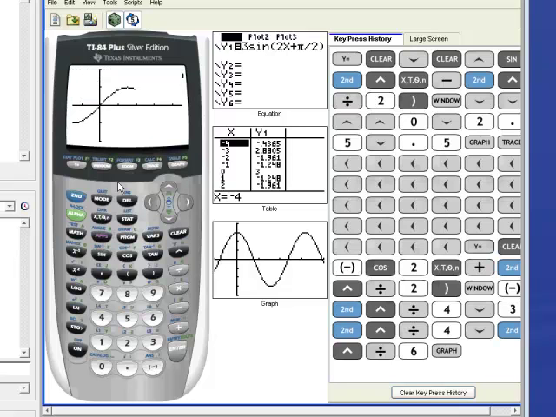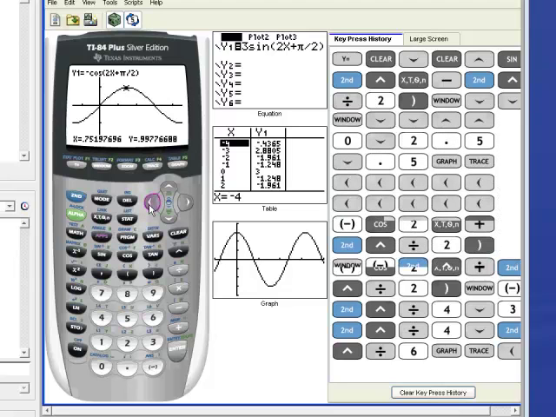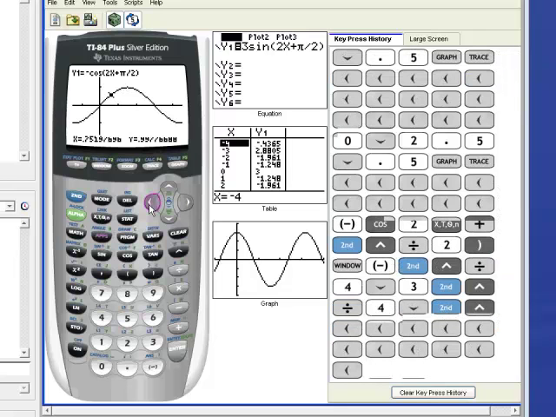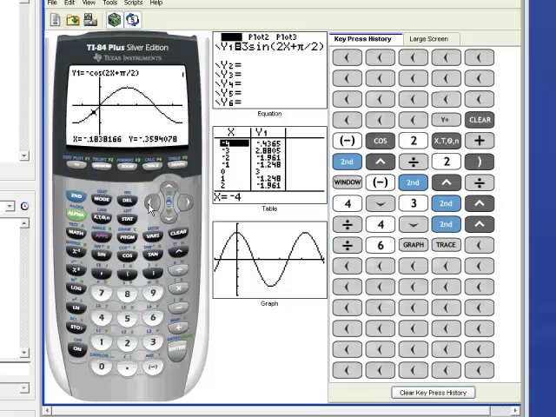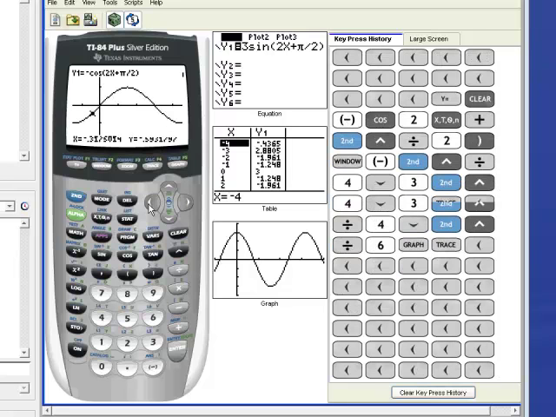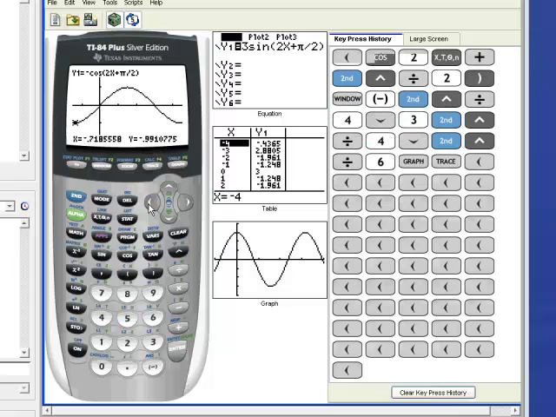And that one, because of the plus pi over 2, is actually shifted to the left by pi over 4. So it actually starts, let's see if I can show this. This might take a moment. Actually starts over here.